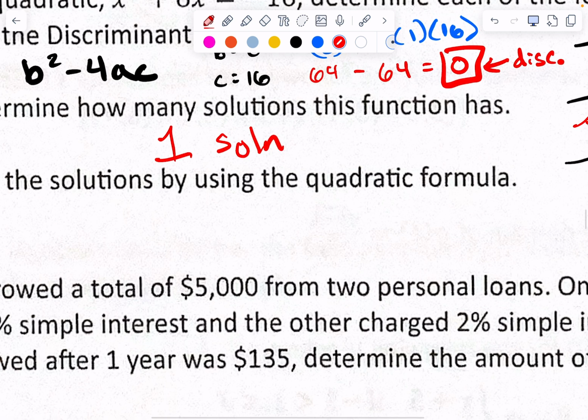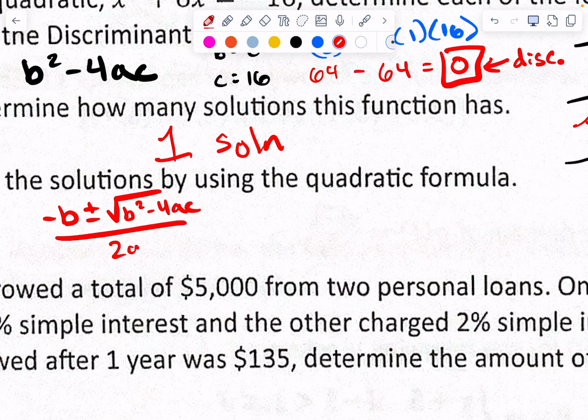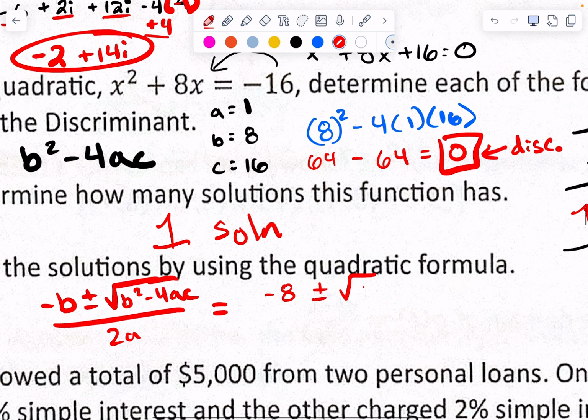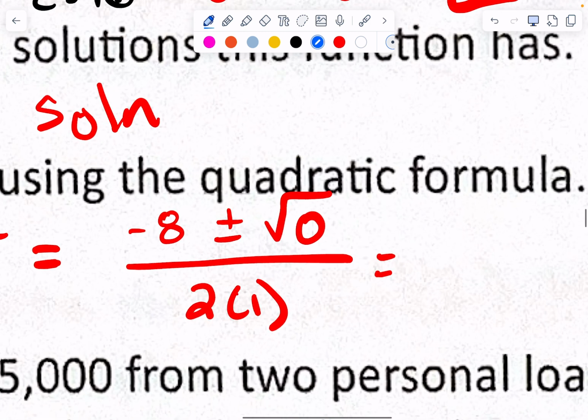Use the whole quadratic formula. Negative b plus or minus the square root of b squared minus 4ac, all over 2a. I'm just writing the whole thing out. So negative b would be negative 8 plus or minus the square root of, we already calculated that, that was 0, all over 2 times a. The square root of 0 is 0.